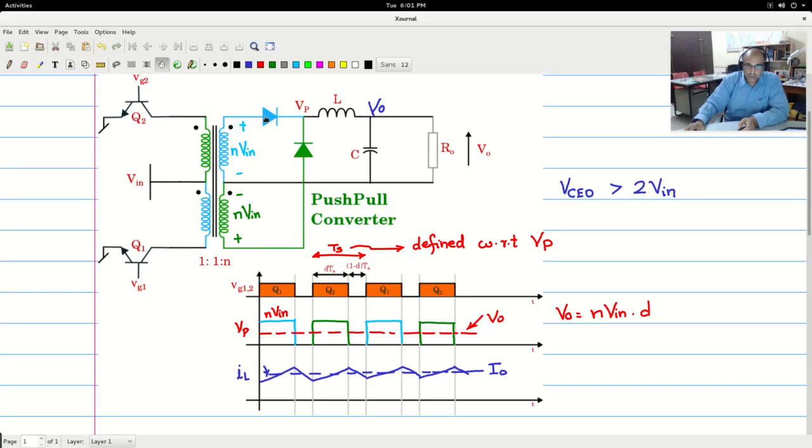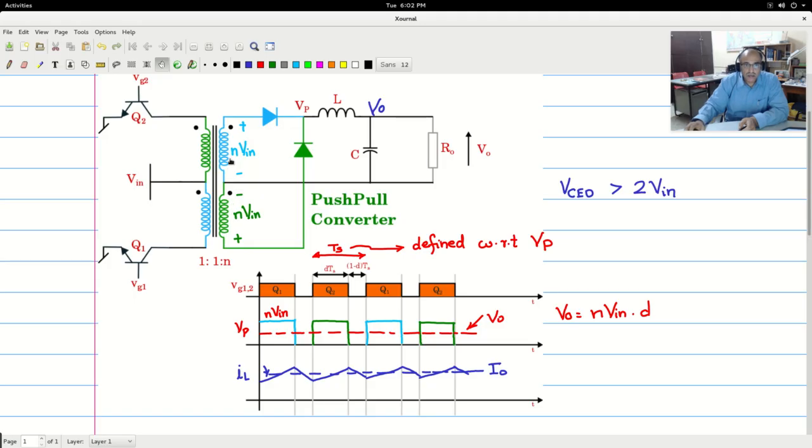Likewise, the diode, when let us say this diode is conducting, this diode is off, one end of the diode is at NVin, and the other end of the diode, during the time when this is conducting, is having another NVin.